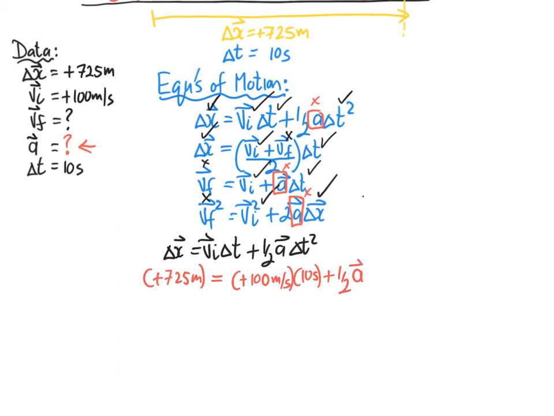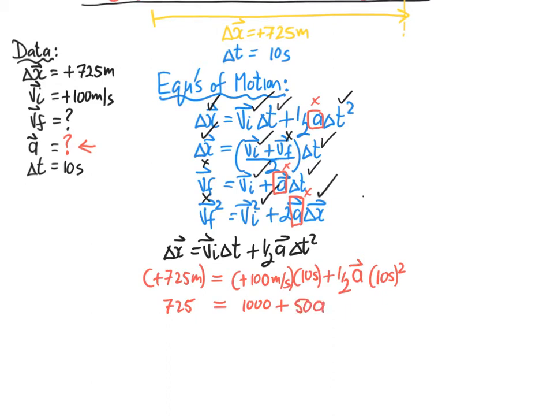Delta t squared is 10 seconds squared. And so we can rewrite this as 725 equals 100 times 10 is 1,000 plus, if we look here, 10 squared is 100 times a half gives us 50, so this is plus 50 acceleration.